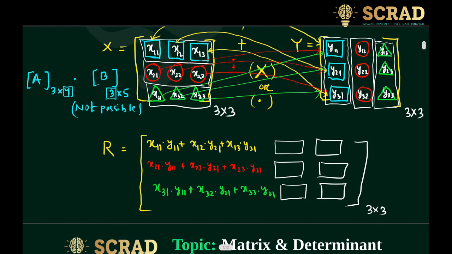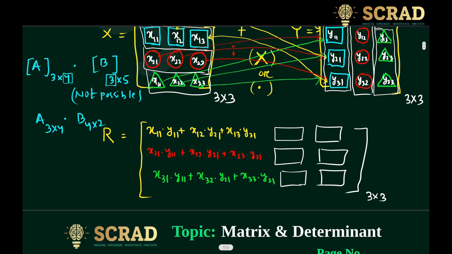Same thing, if A has dimension 3 cross 4 and B has dimension 4 cross 2, then is matrix multiplication possible? Yes, it is possible, because here the number of columns in the first matrix is equal to the number of rows in the second matrix.